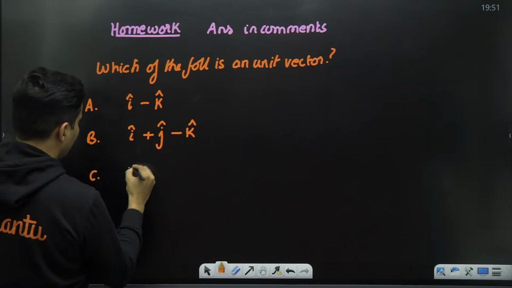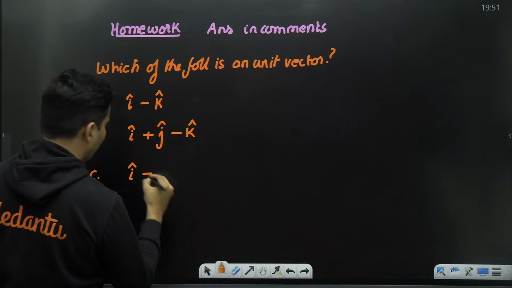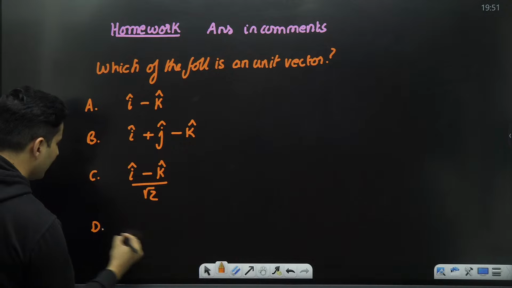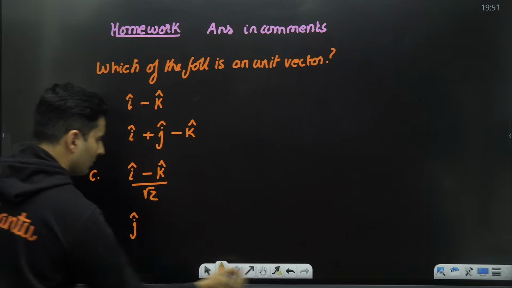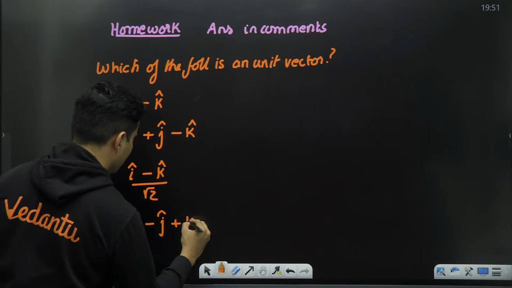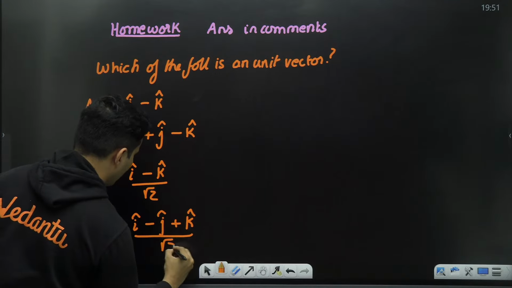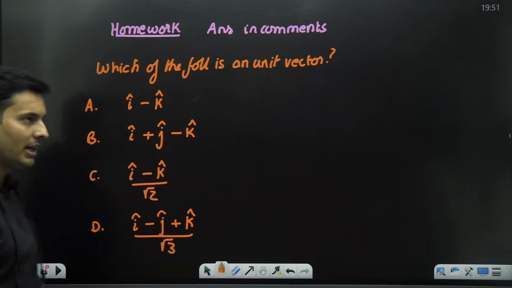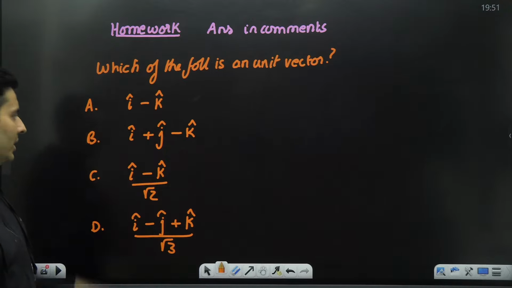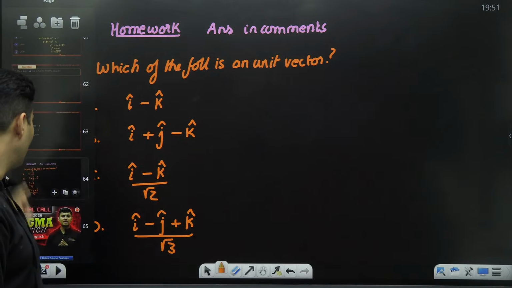C, I cap minus k cap by root 2. Option D, I cap minus j cap plus k cap, whole thing by root 3. More than one option can be correct. You need to figure out which of the following can be a unit vector. Okay, so that was your homework question.